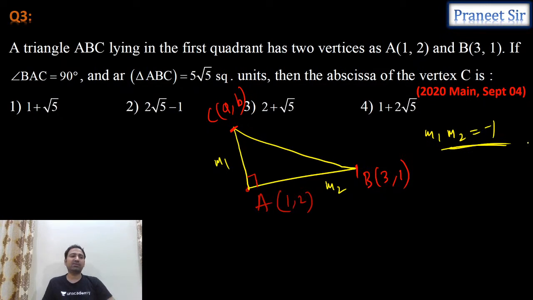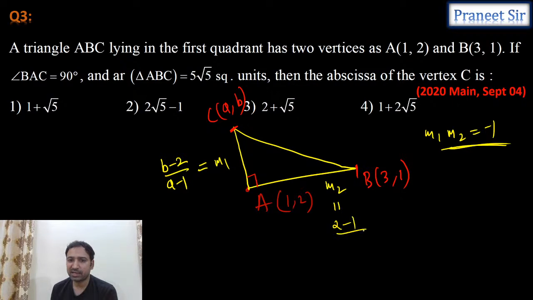If you use this condition, we'll get one relation in a and b. Let's see this relation. What is the slope m1, guys? It is y2 minus y1 over x2 minus x1. In the same way, m2 equals 2 minus 1 over 1 minus 3, which equals minus 1 by 2.